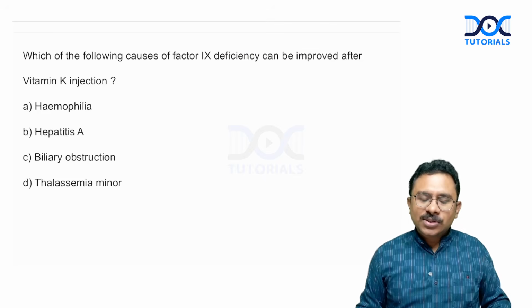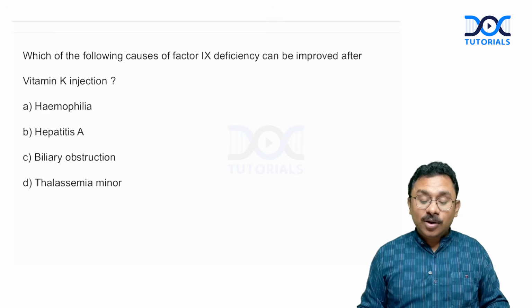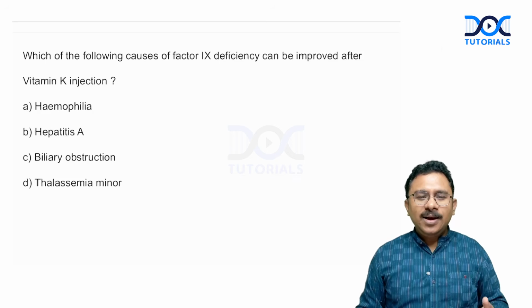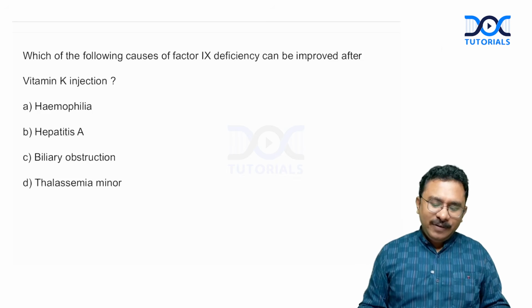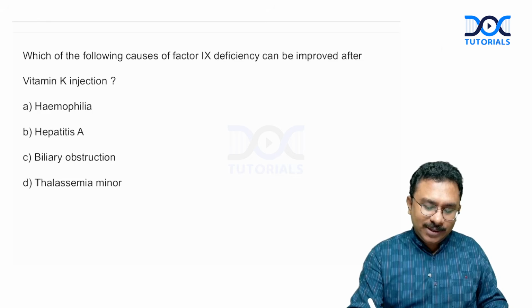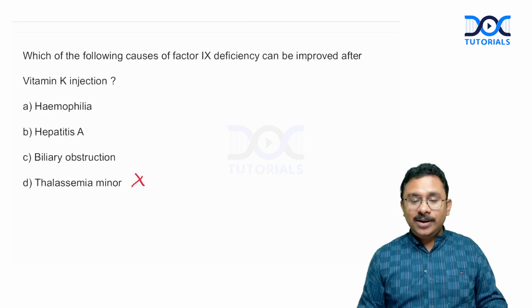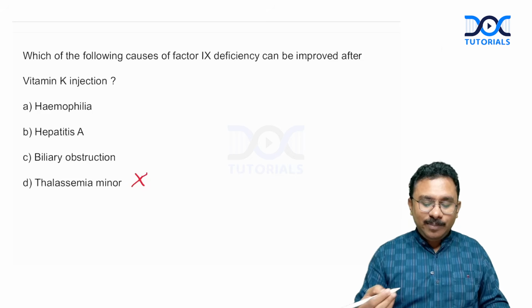Which of the following causes of factor 9 deficiency can be improved after vitamin K injection? Hemophilia, hepatitis A, biliary obstruction, thalassemia minor. Anyway, thalassemia minor is not related to any clotting factor deficiency, so I'm eliminating it.